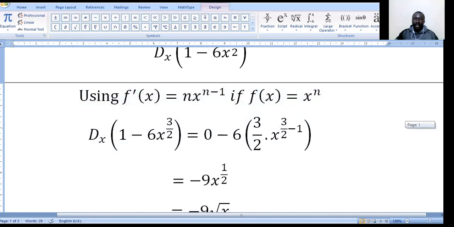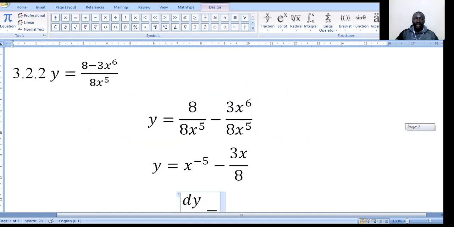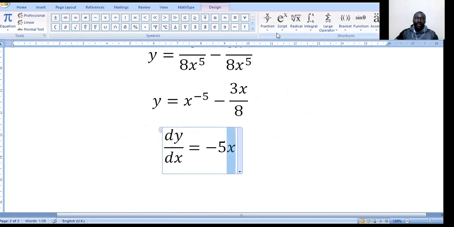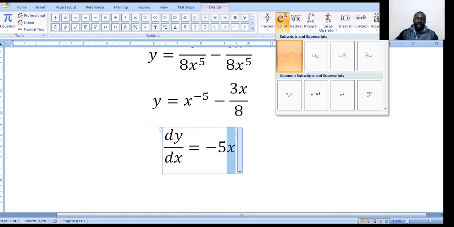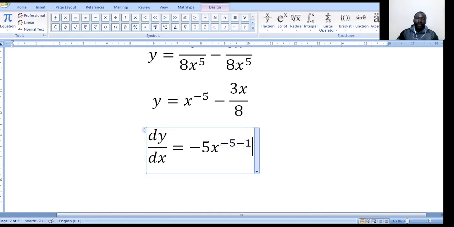We already have x, n is -5. So we put -5 here and -5 there, at 2 separate places, -5 down there with x, then again -5 up there. But we have to take away 1 from it. So we have -1. That's for the first term.